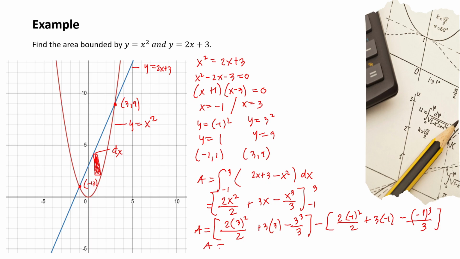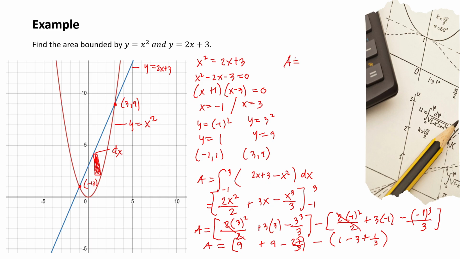So our area here will become 9 plus 9 minus 27 over 3, minus 1 minus 3, and this will become plus 1 over 3. We have to simplify this one.